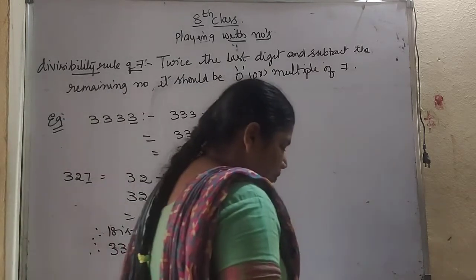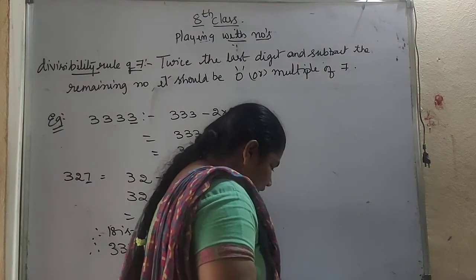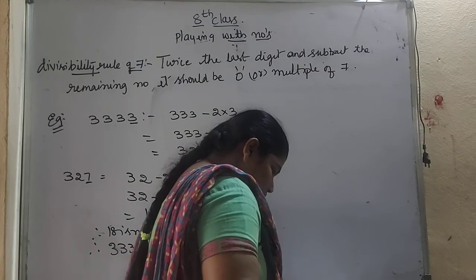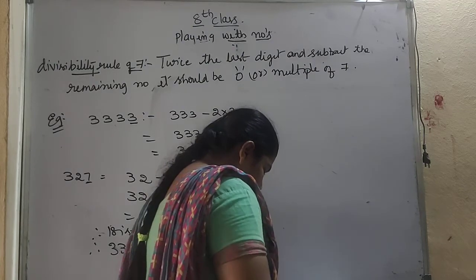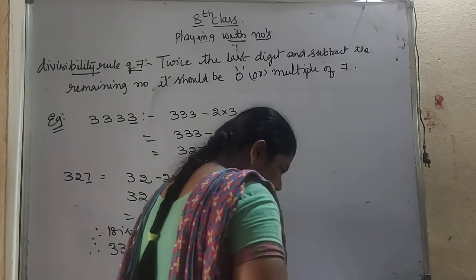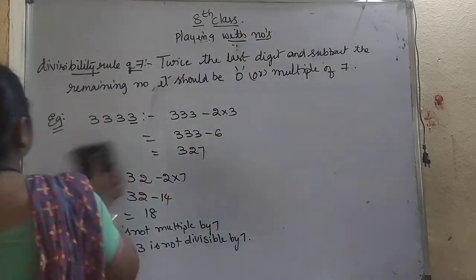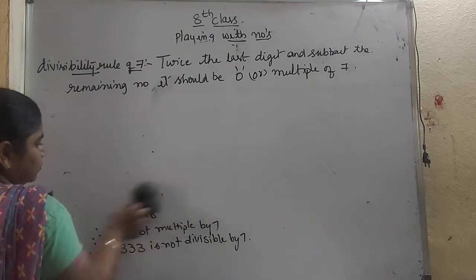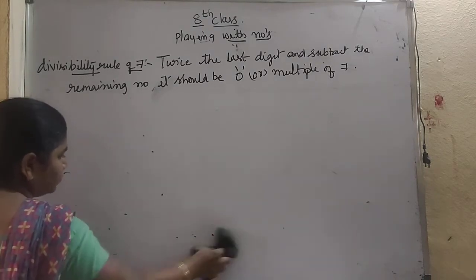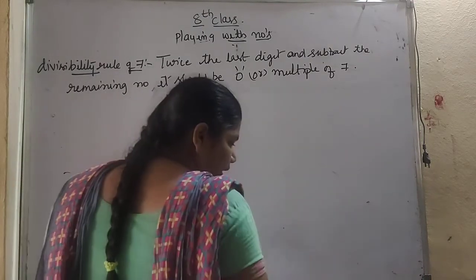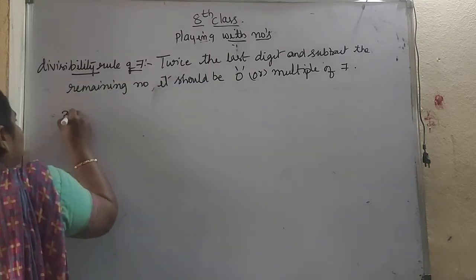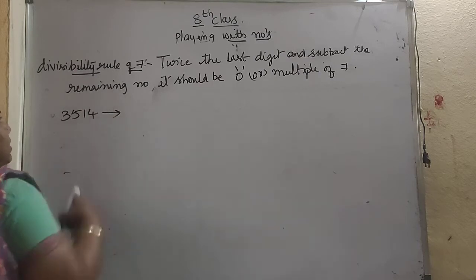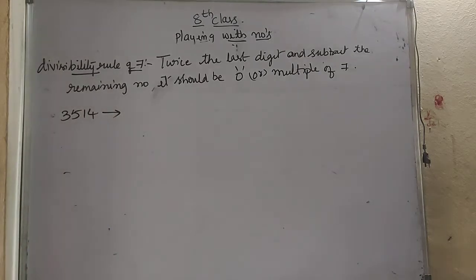One more example we will take, which will be divisible by 7. I am taking the number 3514. Whether this number is divisible by 7 or not, I have to check.